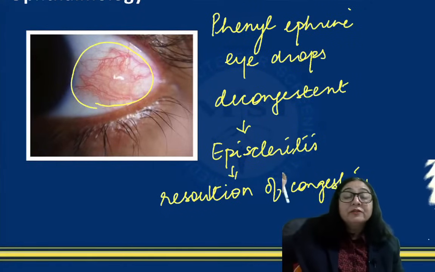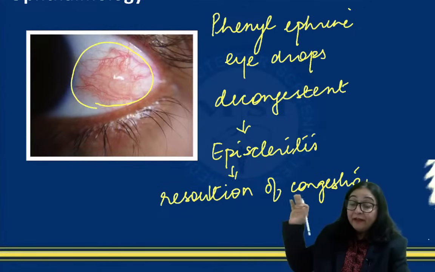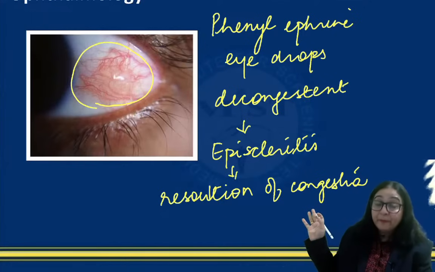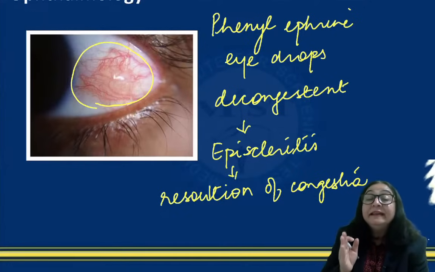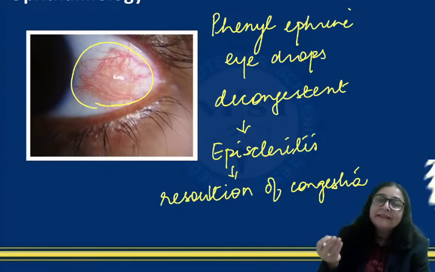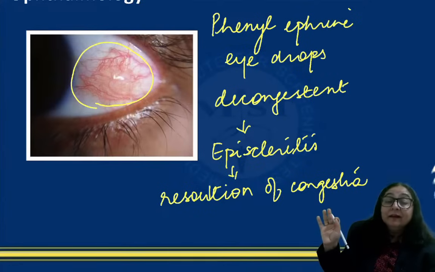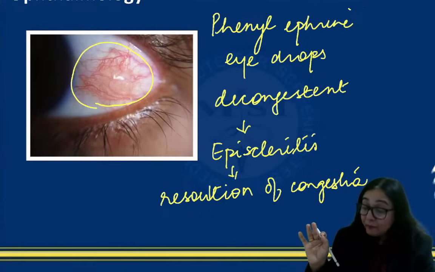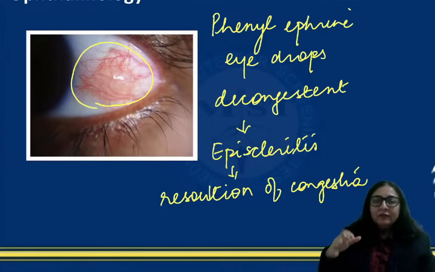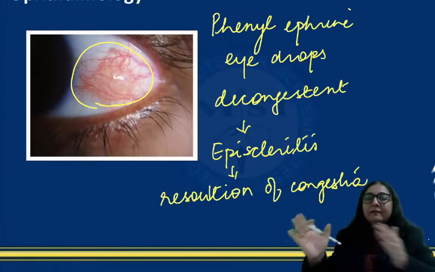You put a decongestant drop like phenylephrine, even the milder dose of 2.5%, and the redness will disappear. Whereas in a deep inflammation like scleritis, the deep vessels are congested, so phenylephrine is not going to decongest those deep vessels. So in case we get a question on the scenario of episcleritis, scleritis, scleromalacia perforans, we know all.